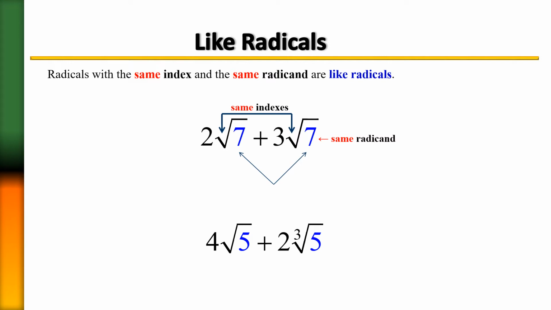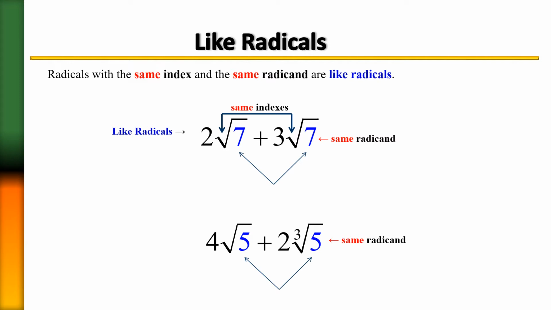First, let's check the indexes to see if they are the same root. You'll notice that the first one is a square root, and the second one in the second example is a cube root. So the indexes are not the same, even though they have the same radicand.